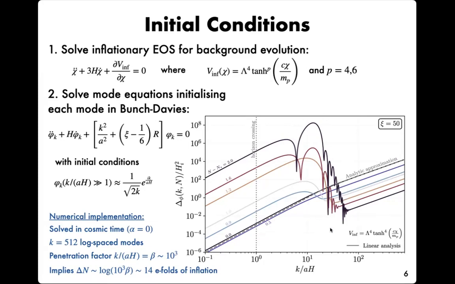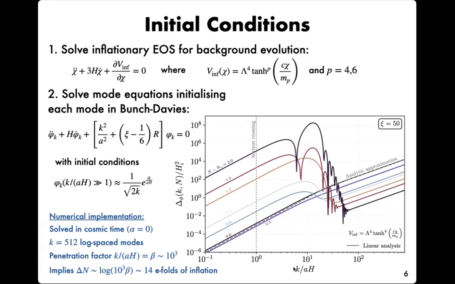And this is basically coming about because as your Ricci scalar passes through these negative values, you're getting periods of tachyonic growth. It turns out that this tachyonic growth is centered around a particular value of k on aH, just inside the horizon.